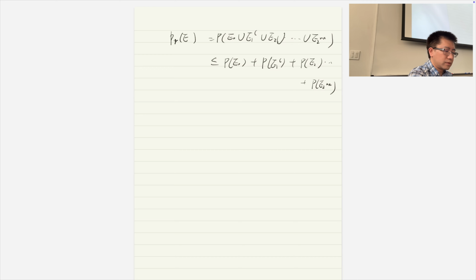Now we can observe something here. For the first one, the probability that the power will be bigger than P will definitely be less than epsilon for some large n. Why is that?